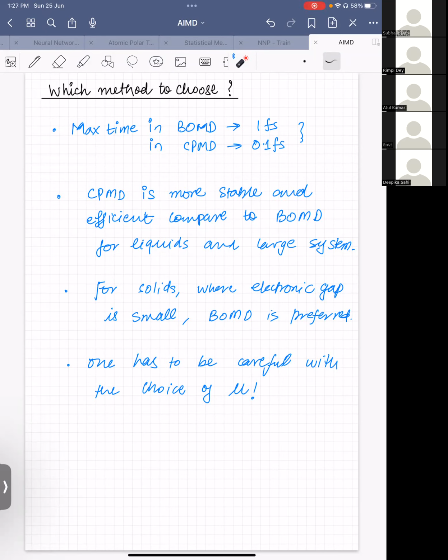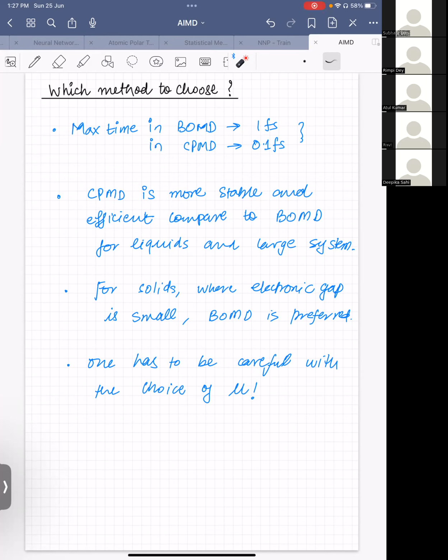Actually, there is also a table in the Dominik Marx and Jürg Hutter book. In this, they have mentioned a few things like the time step for both CPMD and Born-Oppenheimer molecular dynamics, conservation of energy in atomic units, conservation per unit time, and the time taken by the simulation.